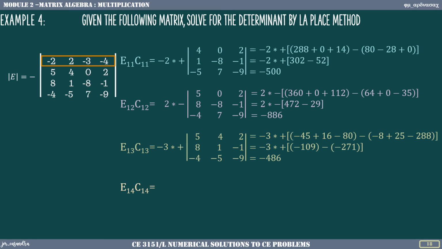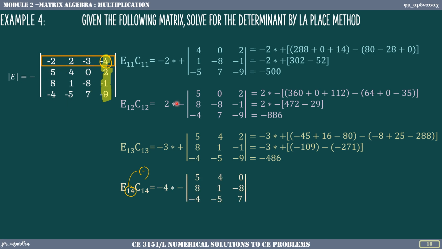And then lastly, we move on to our last element. So we have E14, which is negative 4. Our cofactor is an odd number. So it's the negative cofactor, which will be taken by eliminating the column of the fourth element of our first row. So we'll have this matrix.